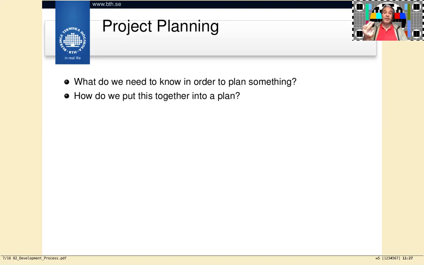What resources do I have available? What dependencies do I have on, for example, certain equipment that has to be in place and so on. What ability do these resources have to perform the task? Do they need to learn new stuff, for example? It'll take longer time and so on. So those are examples of things that I would need to have some knowledge of in order to plan something.